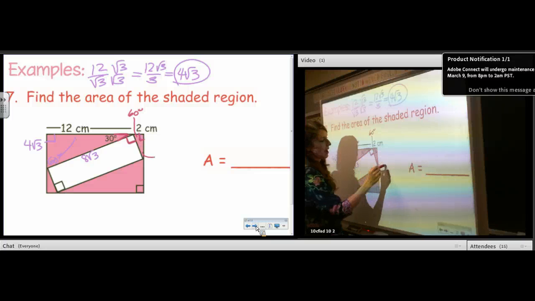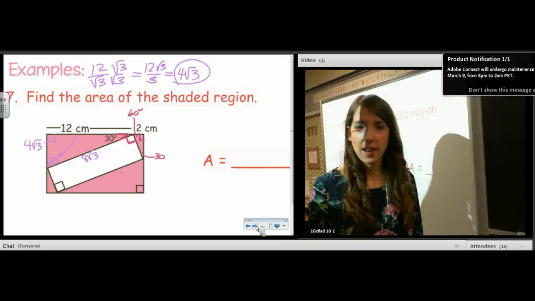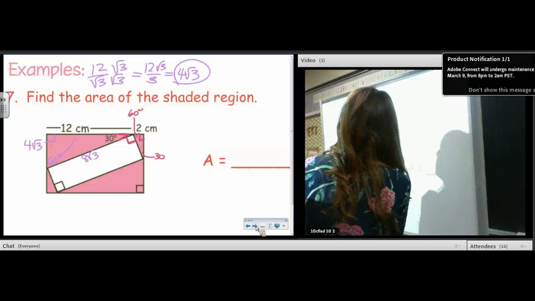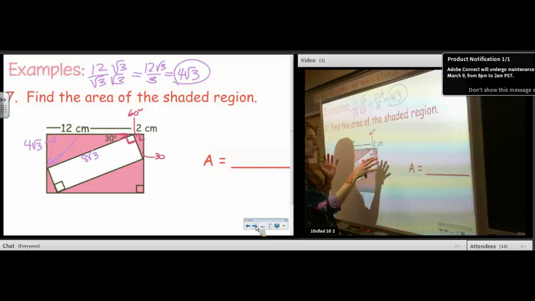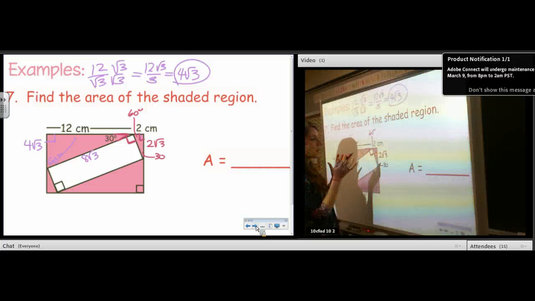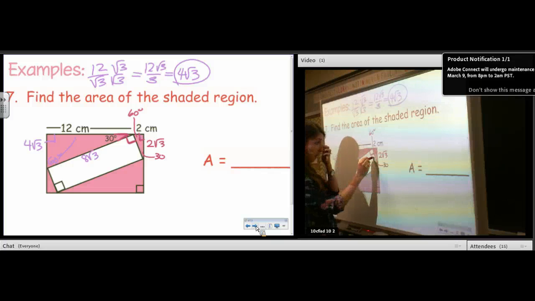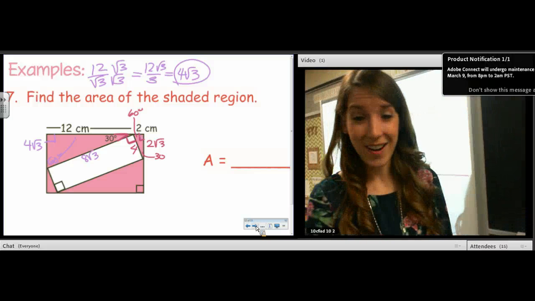So that makes that guy 30. Oh, yay, the 2 is across from 30. Good news. So across from 60 would be 2 root 3, and across from 90 would be 4.